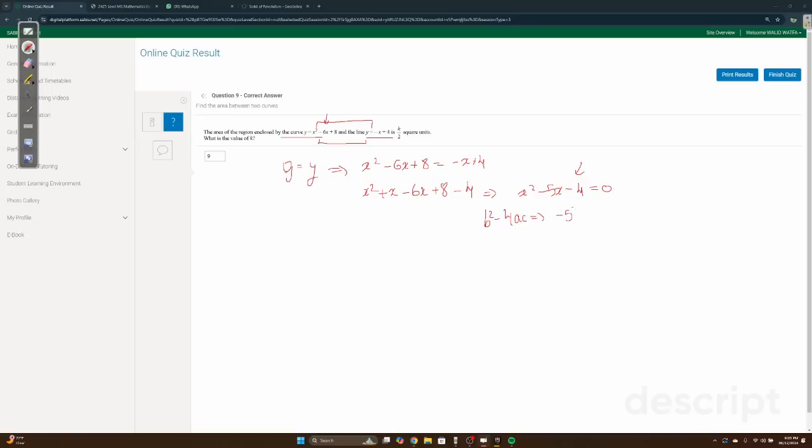So it's going to be minus 5 squared minus 4 times minus 4. So you're going to get 45 as your delta. So do your quadratic formula, minus b plus minus root 45 over 2. So it's going to be 5 plus minus root 45 over 2.